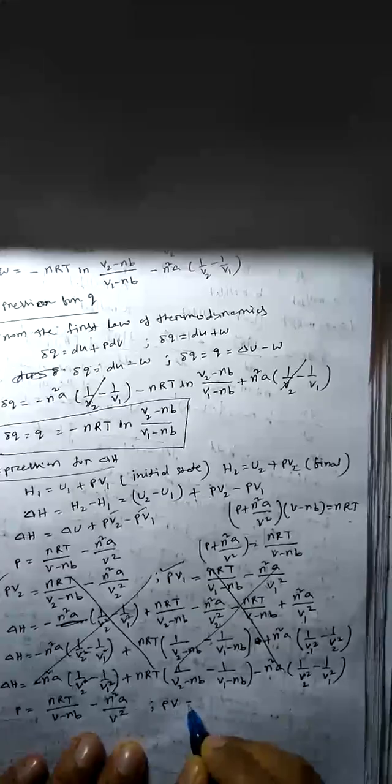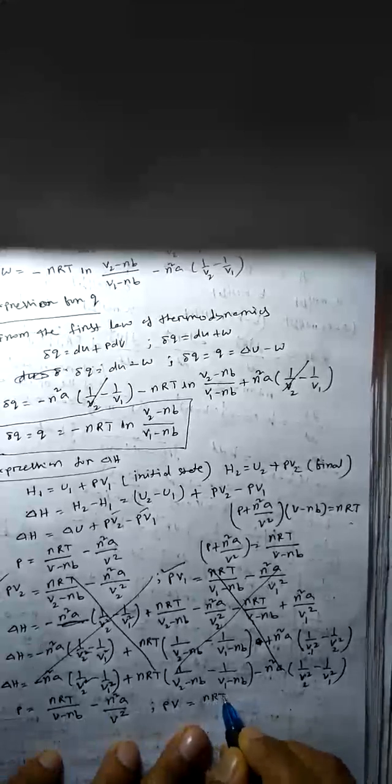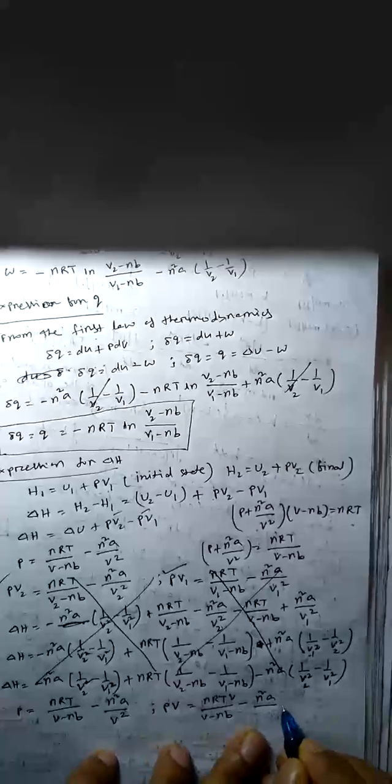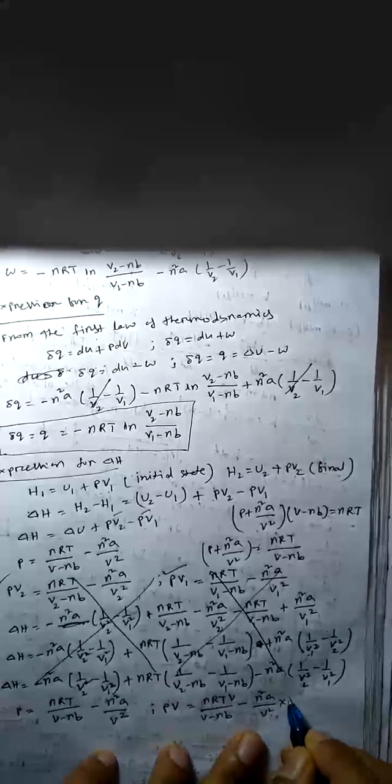PV means you multiply V here and on this side also. We get nRT multiplied with V divided by V minus nb, minus n square a by V square multiplied with V. Because on both sides you multiply, of this V square, one V is cancelled.